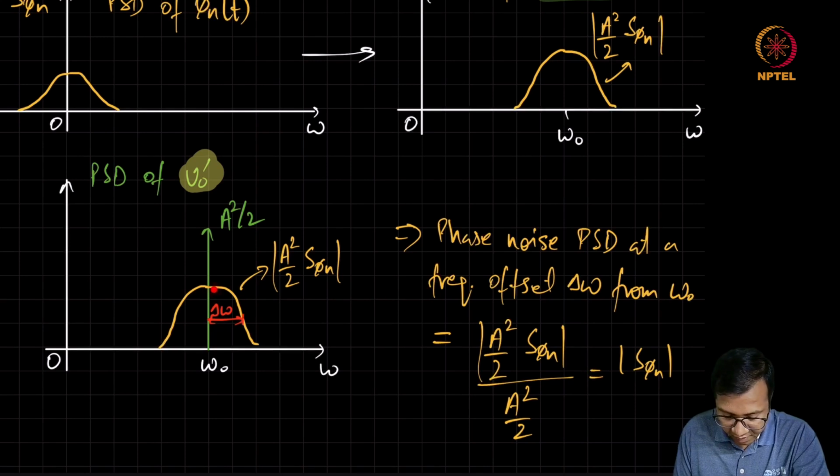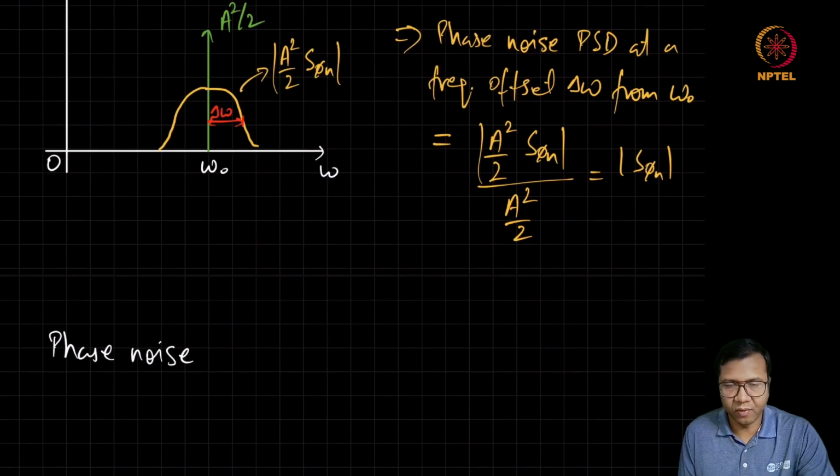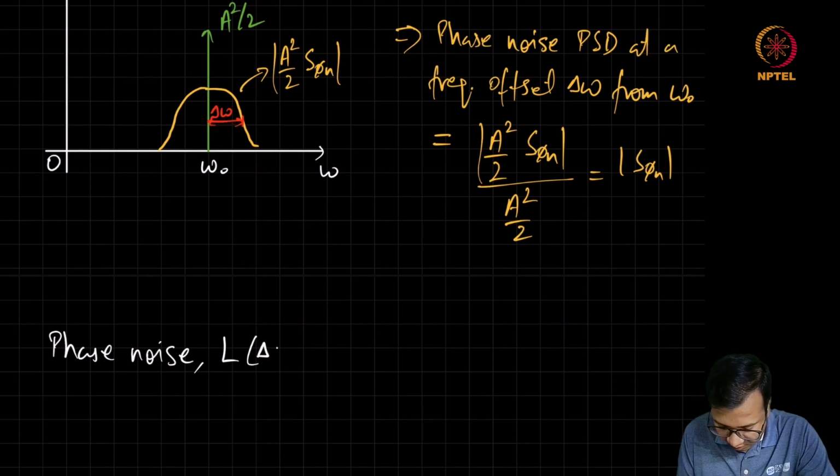And we can see that in general this phase noise is going to have a frequency dependence as we move away from this omega naught. The phase noise is measured in this way, and it is always mentioned at a frequency offset, and this frequency offset delta omega, which we showed earlier, is converted into hertz.